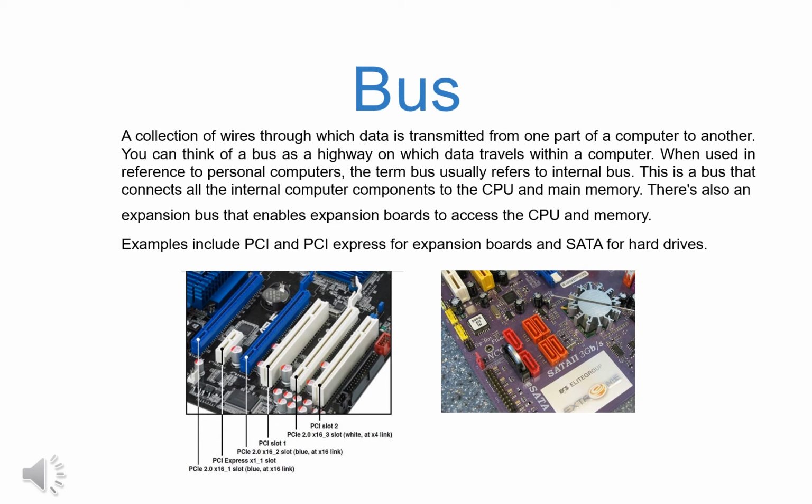This is a bus that connects all the internal computer components to the CPU and main memory. There is also an expansion bus that enables expansion boards to access the CPU and memory. Examples include PCI and PCI Express for expansion boards and SATA for hard drives.